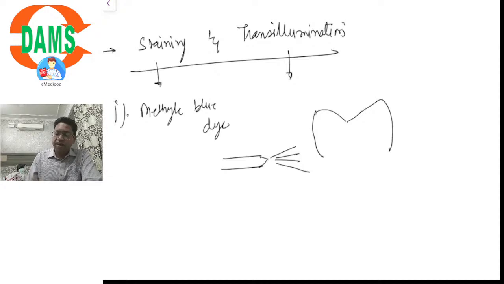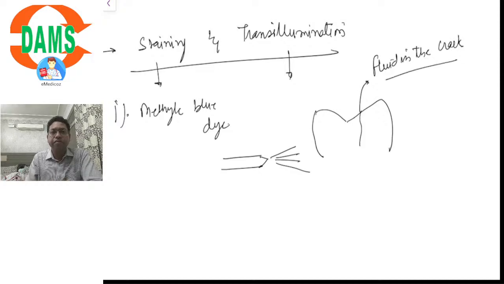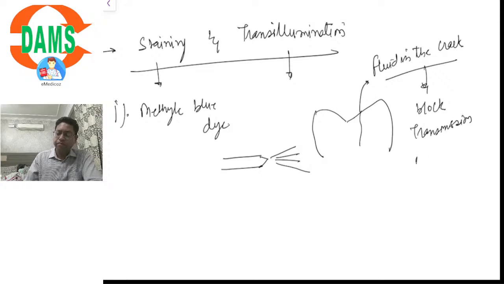If there is a crack in the tooth, there would be fluid in the crack. That fluid in the crack would block transmission of light.